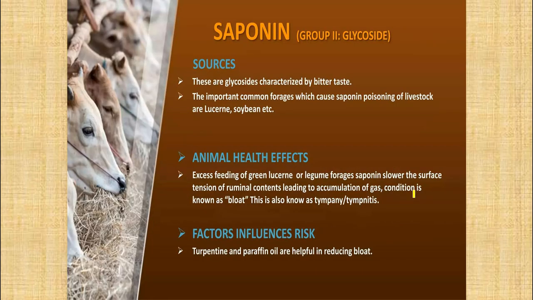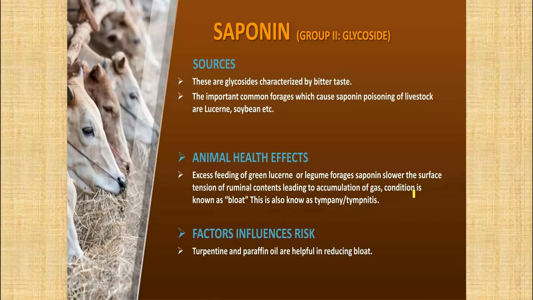So then saponin, as told earlier, comes from different sources, especially lucerne and soya bean. Excess feeding of these, especially lucerne, causes sudden bloat and accumulation of gas, and can lead to a dangerous situation for the animal if it is not attended to in time.